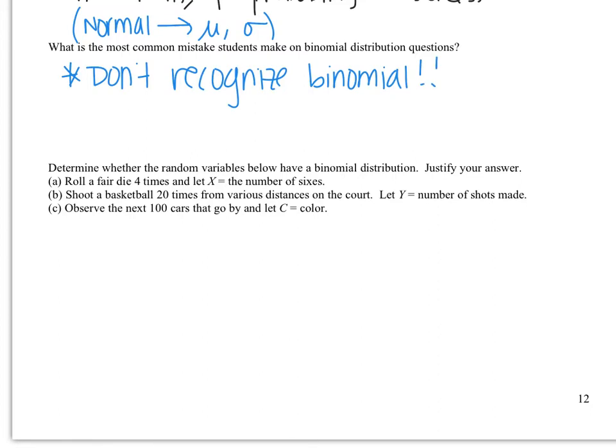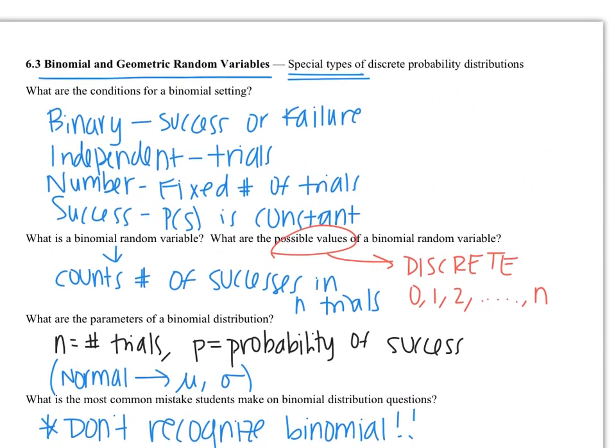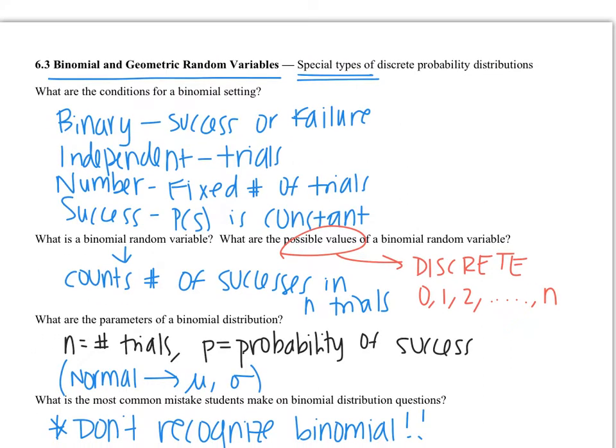You'll need to be able to recognize it. Similar to when we did tree diagrams, sometimes you all had problems recognizing when something was a tree. You're going to have probably the same issues with binomial distribution. So we're going to start just by looking at a few examples and determining if they're binomial or not. So again, something is binomial if it follows the 4 conditions, the BINS that we did above.